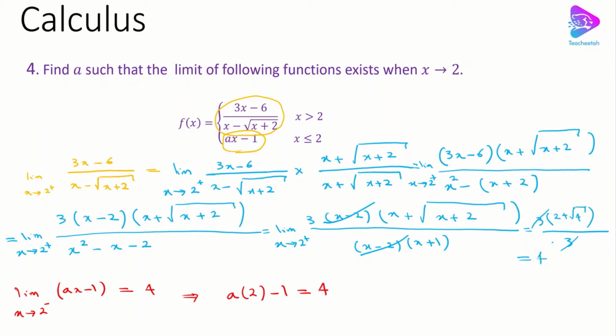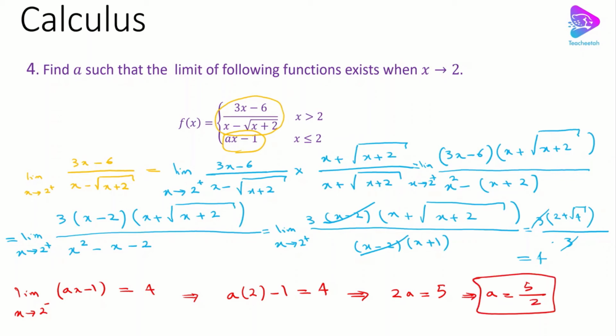So now we have ax minus 1, and the answer at the end is 2a minus 1 equals 4, so 2a equals 5. So the answer is 5 over 2.